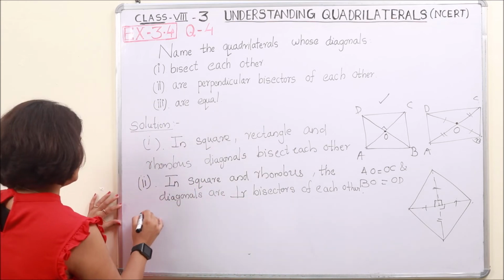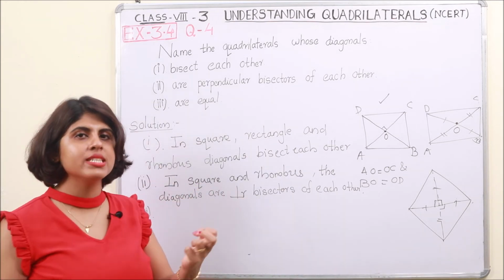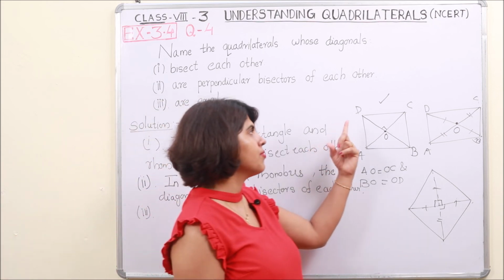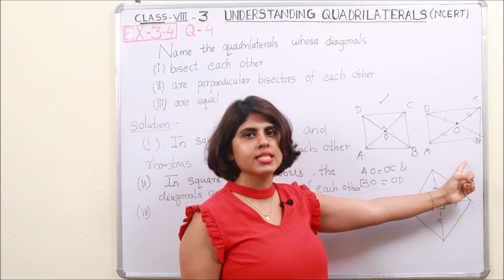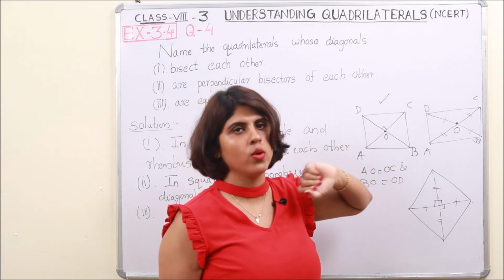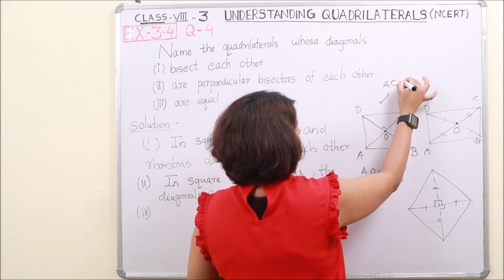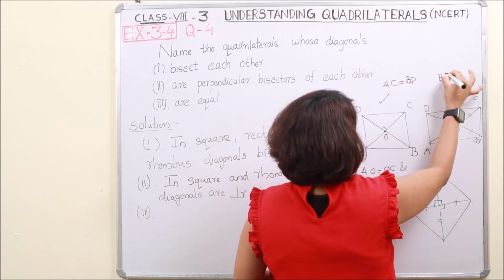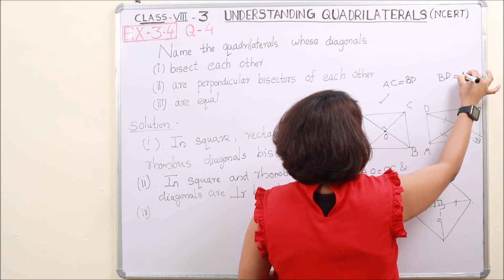Now the third one, name the quadrilaterals whose diagonals are equal. We have seen in the case of a square and a rectangle, the lengths of the diagonals are equal. Here AC equals BD and here BD equals AC.